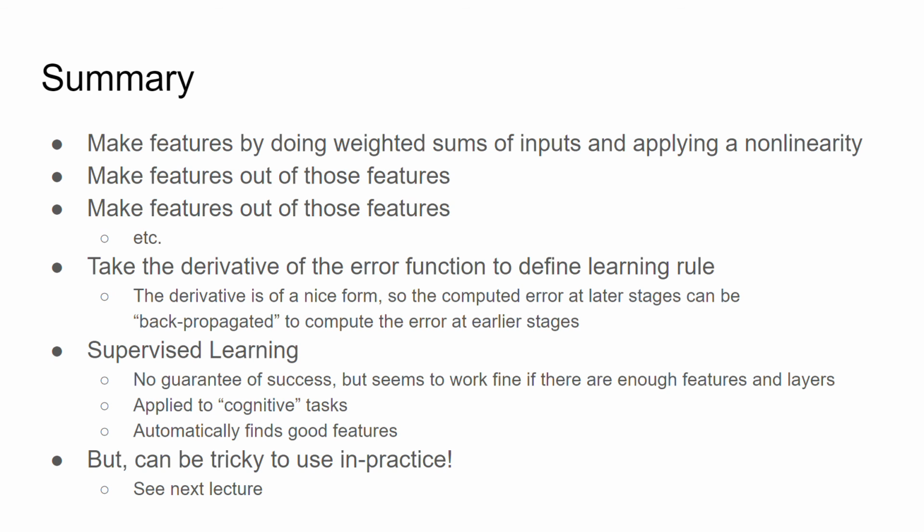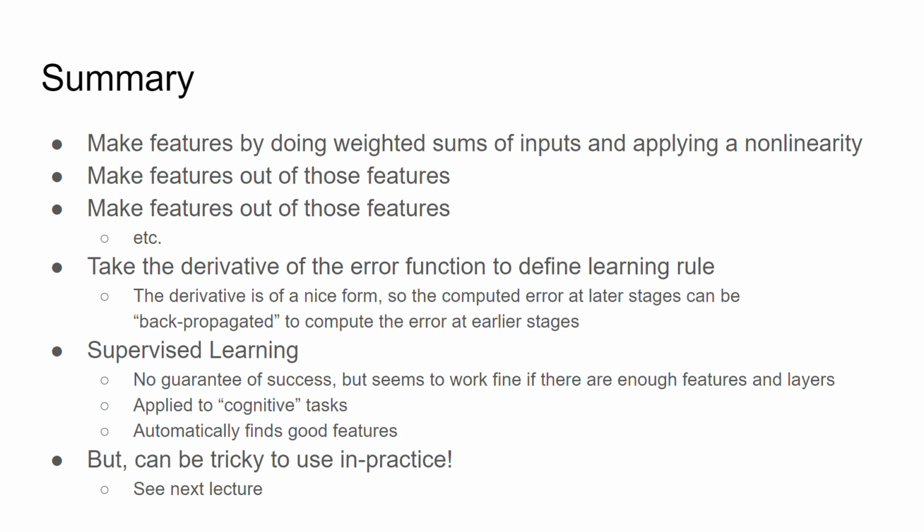And this derivative has a really nice form, just because of how the chain rule works: all the math that we do for things later in the network, I can take that same math and pass the information backwards to earlier stages of the network, so that I don't have to recompute it all the time. The error at the later stages can be backpropagated to the earlier stages to help compute that error. That makes it a nice, reasonably efficient learning rule.